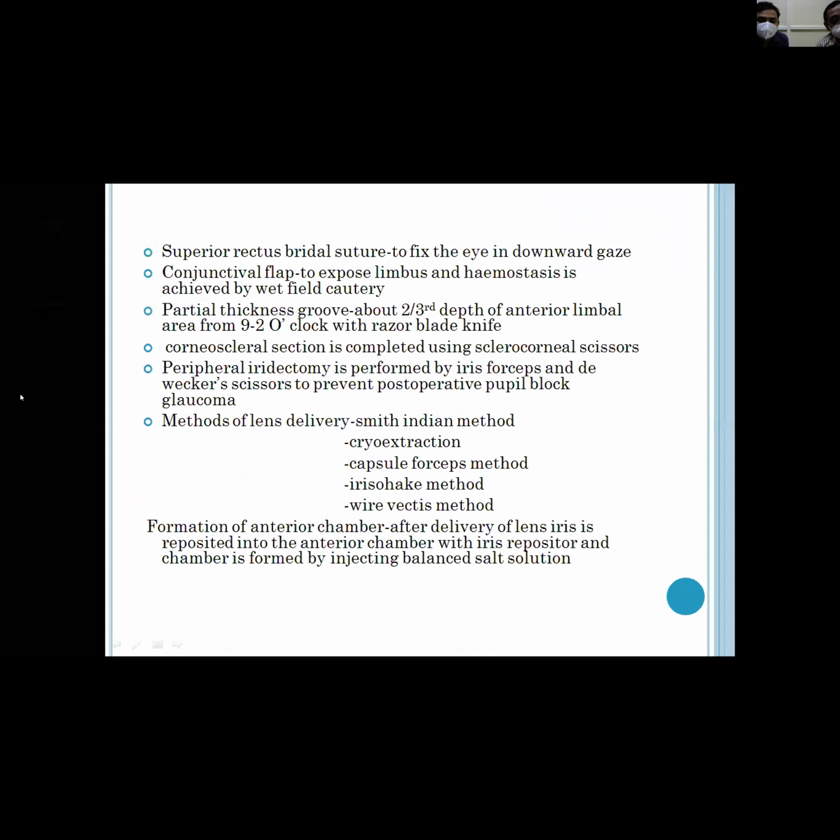And second thing is, go ahead, ICC, show me the steps of surgery. Steps of surgery for ICC, intracapsular. Superior rectus, conjunctival flap. What type of conjunctival flap are you going to make in case of ICC? Is it a limbal-based conjunctival flap or fornix-based conjunctival flap?